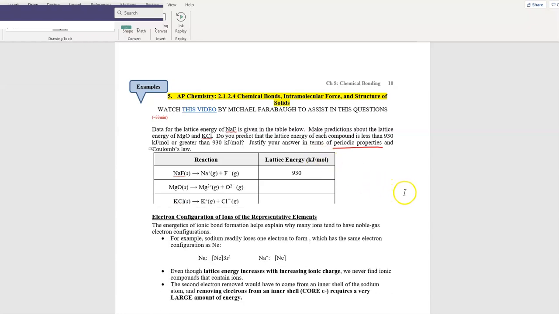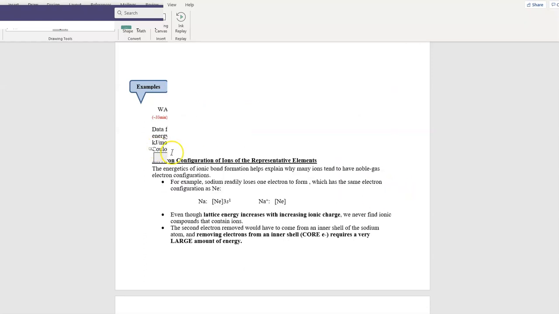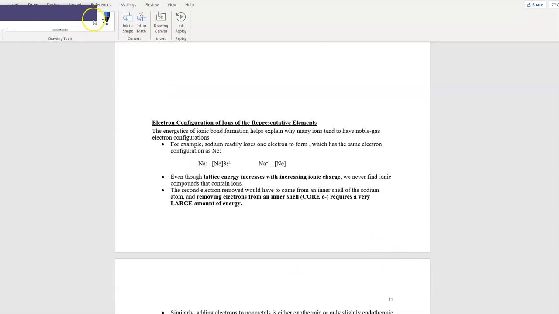Okay? So electron configuration, I think we have beat to death electron configuration. Okay, just remember lattice energy increases as the charge increases. So real quick, if you have a +1 versus a +2, that lattice energy will be greater for that +2 because it's a larger charge.